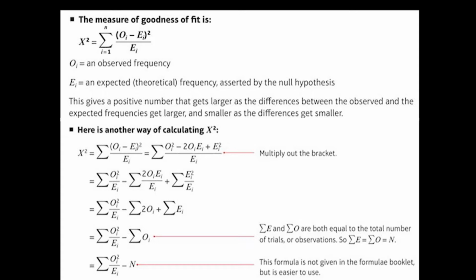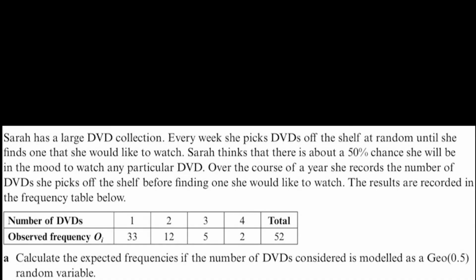Okay, so we're going to try and use this with some of the new distributions we've seen, and we'll focus on the geometric distribution here. Looking at this first example, Sarah has a large DVD collection, and she has a very strange way of picking what DVD she wants to watch. Every week, she picks a DVD off the shelf at random, and then she decides whether or not she likes to watch it.